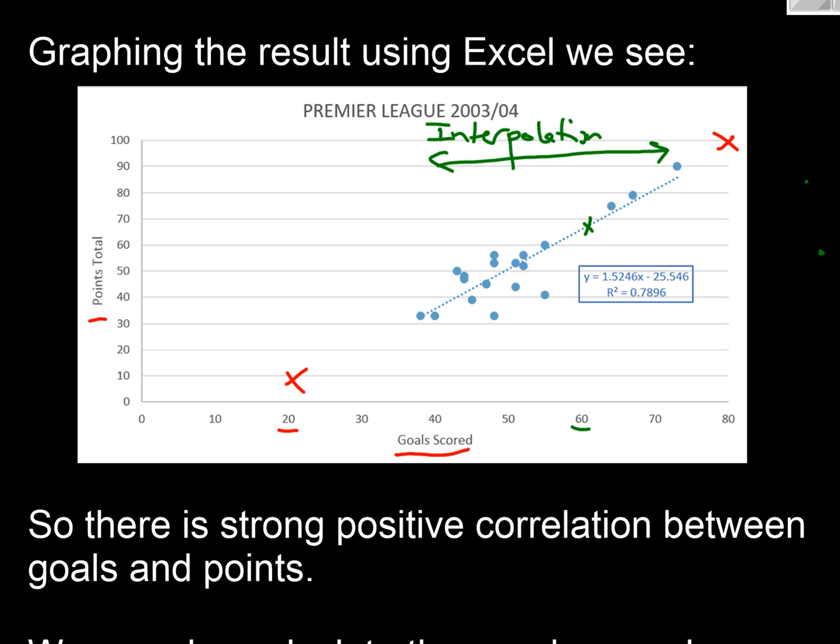But we can't be certain of that because it's outside the range of our data, so we're taking a risk if we use any of that, and when we go outside the area, we call it extrapolation. That's external to, outside, yeah?